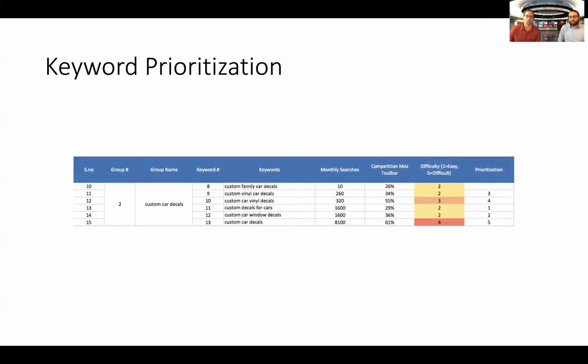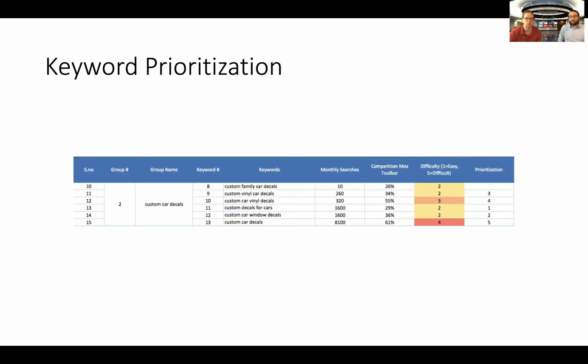And if you look at, I'm sorry, custom car decals, 8,100 searches at 61%. Well, that's just too hard for us to rank for. So we're thinking at this point, let's put that last. So we looked in and we have 1,600 monthly searches for custom car window decals. That's got a 36% difficulty, so that's our second.